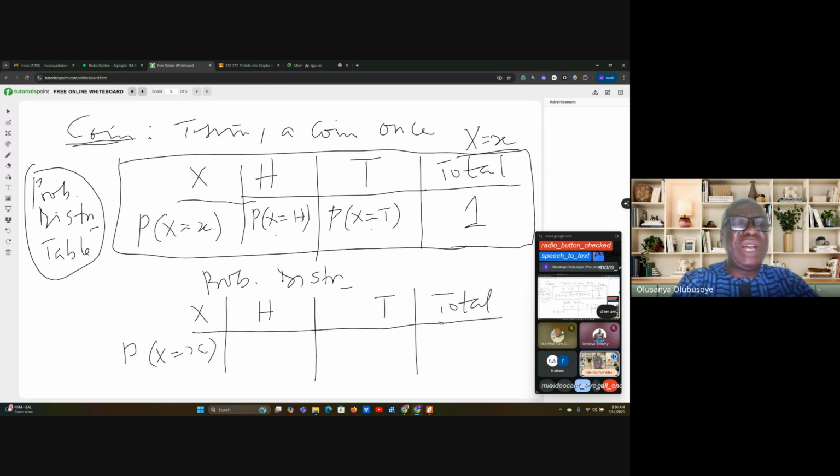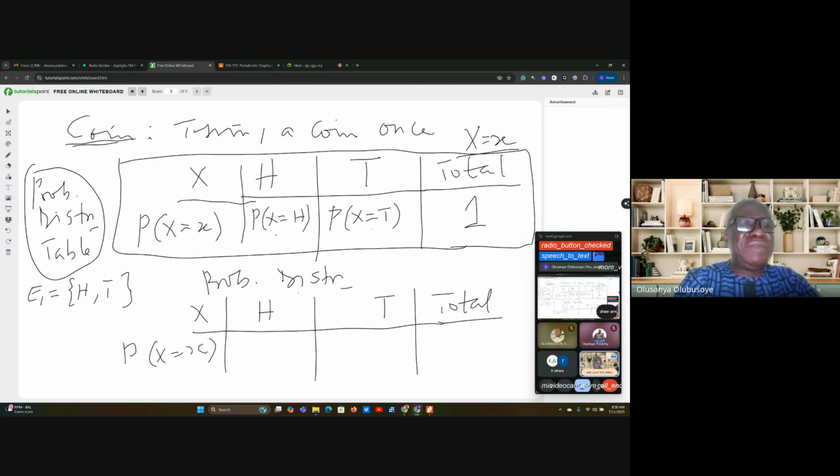If you go back to how we compute probability as the number of favorable outcomes over possible outcomes, in our experiment the possible outcomes are head or tail.